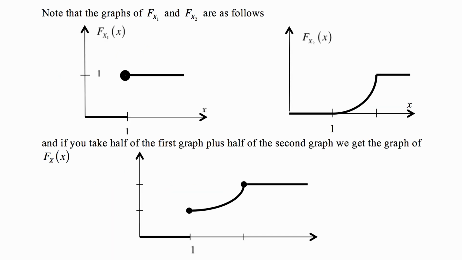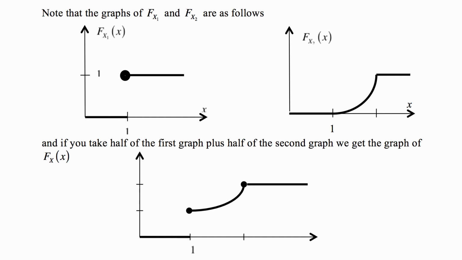Now note that the graphs of F sub X1 and F sub X2 are as follows. The first one is the discrete part, and the second one is the continuous part. That curve between 1 and 2 in the second part is actually a parabola from the quadratic function that we identified there.